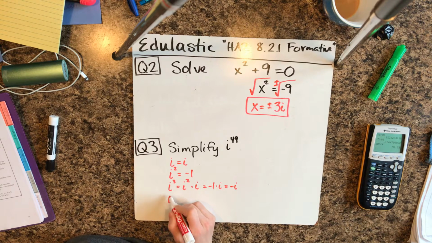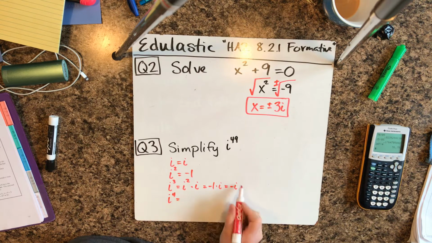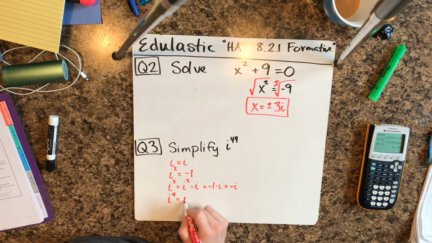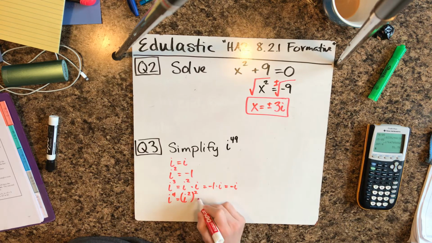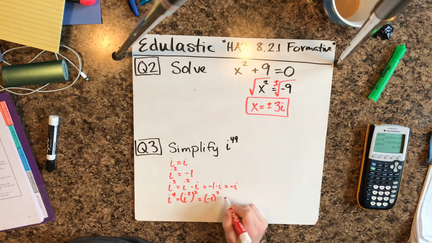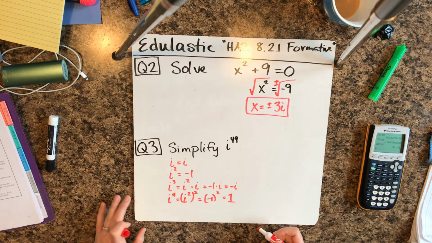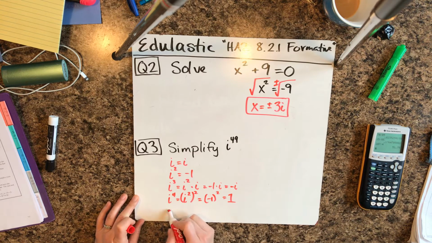Let's go one more. i to the 4th. You can think of that as taking the previous one and multiplying it times i, or you can think of it as i squared squared. i squared is just -1, and -1 squared is +1. So i to the 4th always simplifies to +1. If I go one more, i to the 5th is really my last one times i.